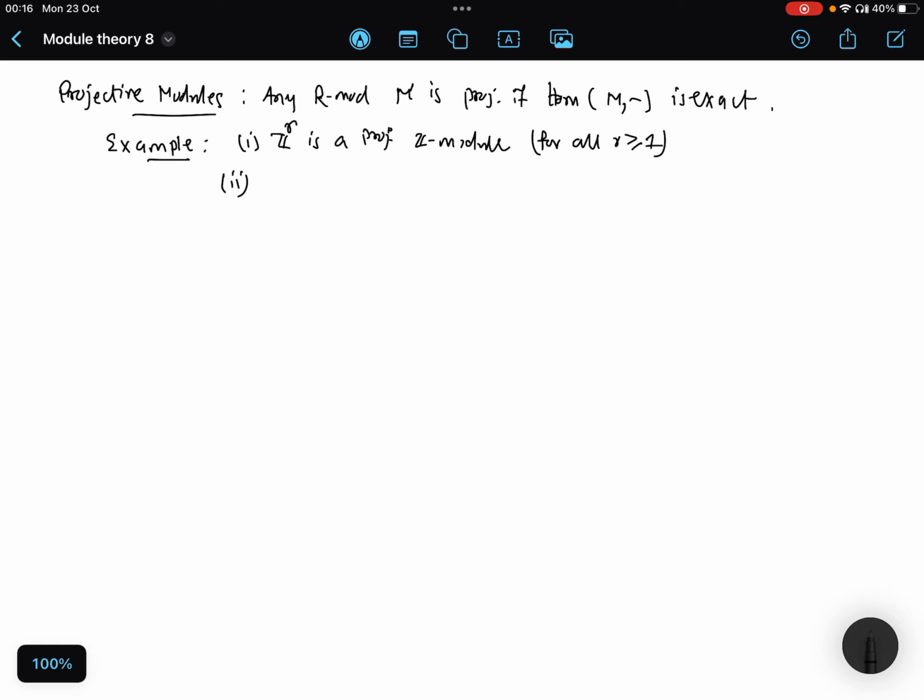Also, you can say whether Q is projective as a Z-module or not. These are some questions that you should think of.